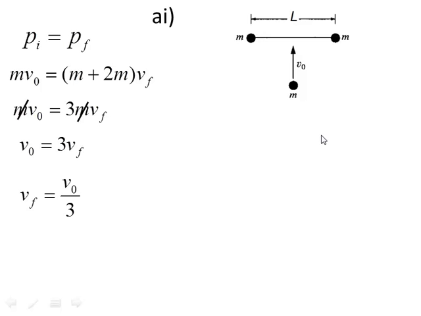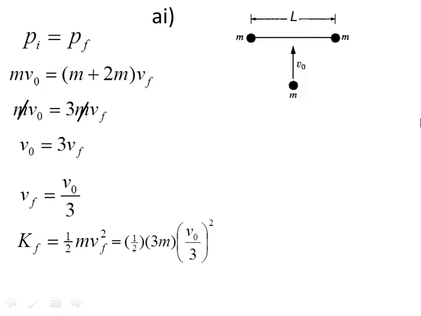Now, we want to find the final kinetic energy of the system, so we have to plug that into our formula for kinetic energy, which is just 1/2 mv squared. In this case, m is actually 3m, because it's the mass of this whole system, and vf is what we just found. So we do v0 over 3 and all of that squared.